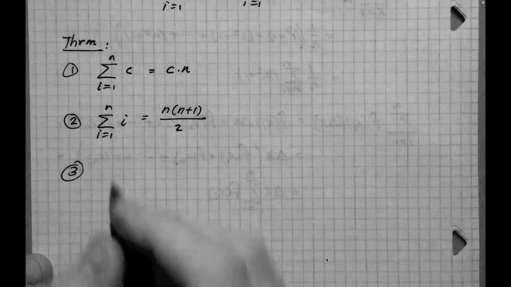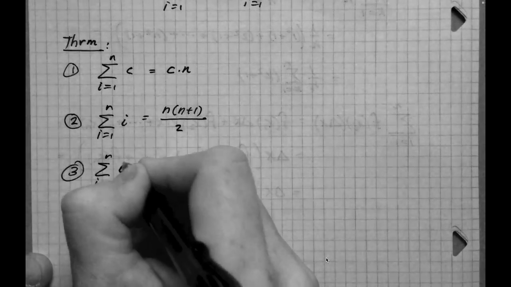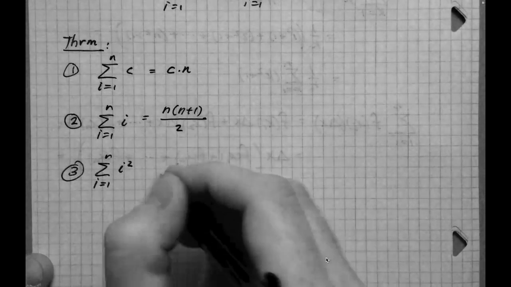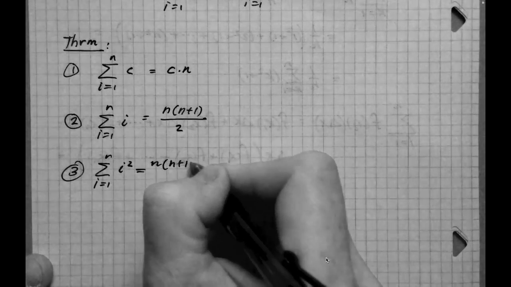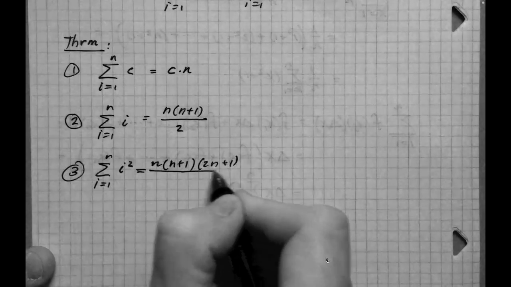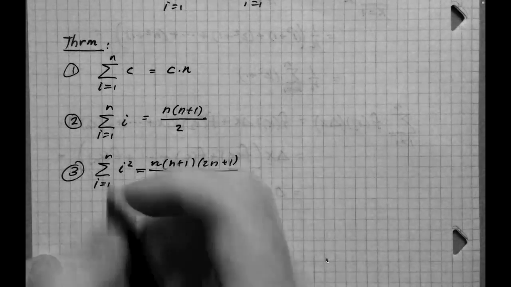The third one is the sum of i equals 1 to n of i squared. And for this guy, you get n times n plus 1 times 2n plus 1, miraculous how this happens, all divided by 6.